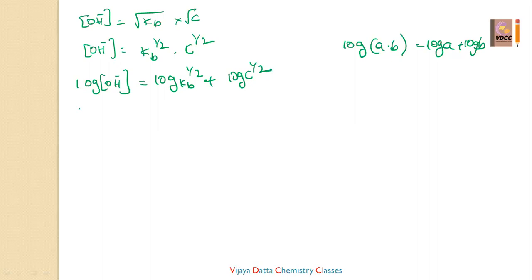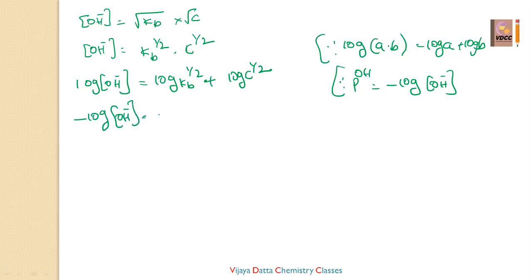I multiply with minus because pOH is nothing but negative logarithm of OH minus. So I want negative, so I want to multiply with minus. Then minus log OH minus equals minus log Kb power 1 by 2 plus log C power 1 by 2. Minus log OH minus, simply I'll write as pOH.